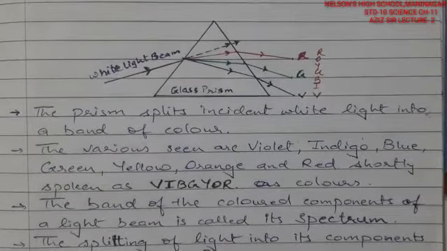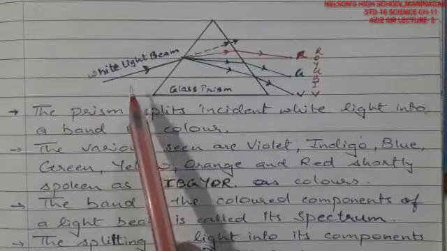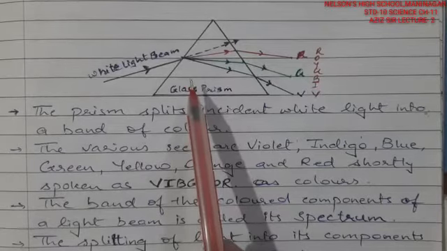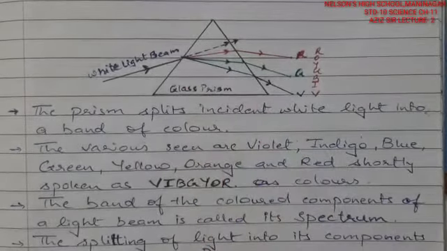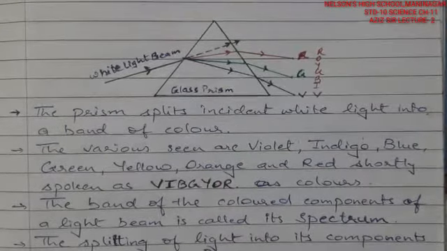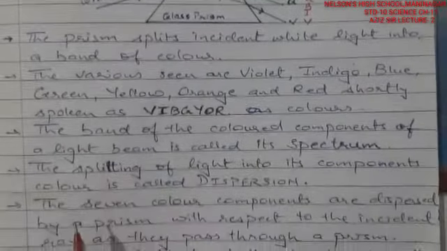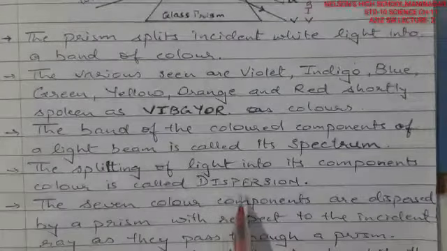Basically, dispersion happens because the light passes from the air medium to the glass medium, and different wavelengths have different speeds, so the light slows down and gets deviated. So this phenomenon of splitting of light into its component colors is called dispersion.